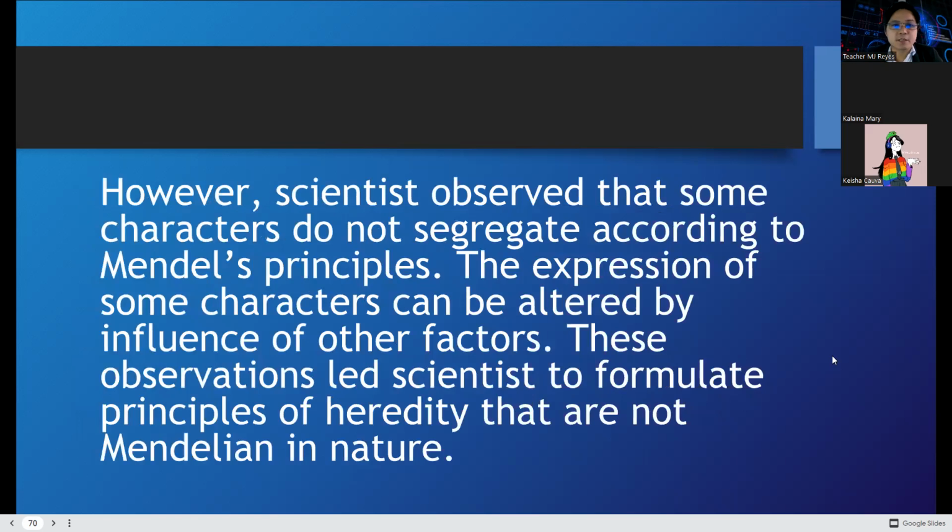However, scientists observed that some characters do not segregate according to Mendel's principle. The expression of some characters can be altered by the influence of other factors. These observations led scientists to formulate principles of heredity that are not Mendelian in nature. This is now the non-Mendelian inheritance.